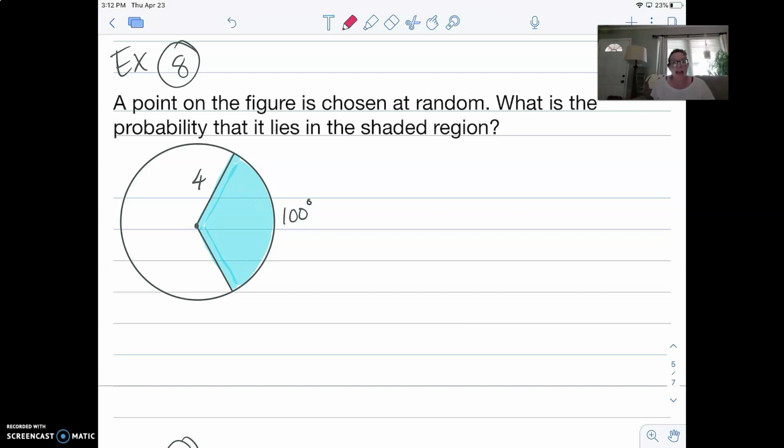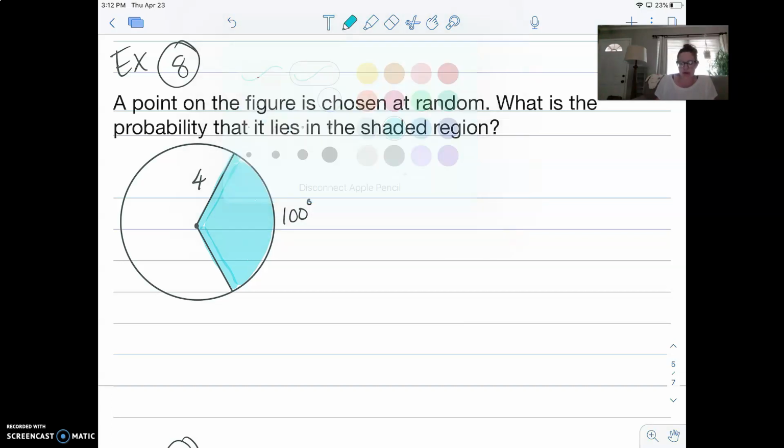Okay. Anyway, so this one's fun and should look familiar. This is actually going back to the circles unit. So you might want to pull up your Pearson as we go through this, because there's definitely an example like this on there. So it says a point on the figure is chosen at random. So when I say the figure, I mean the entire circle.